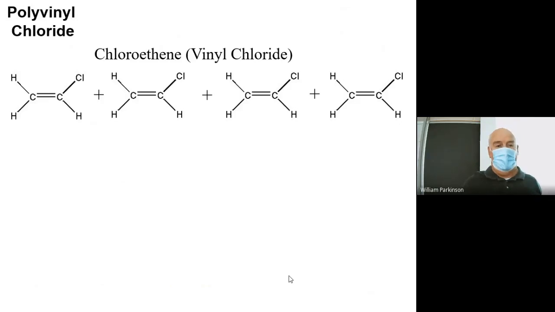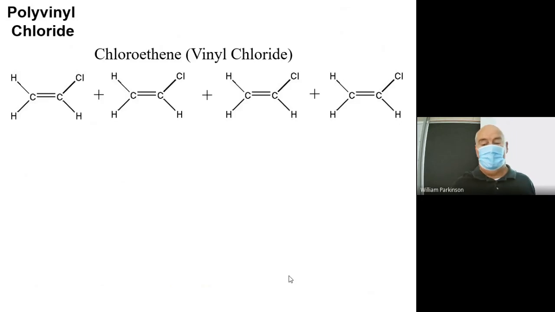The technical name for this is chloroethene. And what you see is that it is an ethene molecule that used to be C2H4. We popped off one of the H's on each of the units, and now it is C2H3Cl.